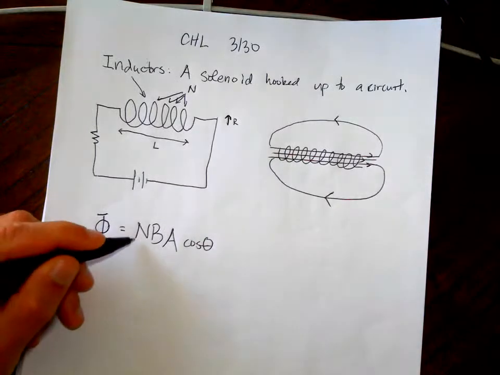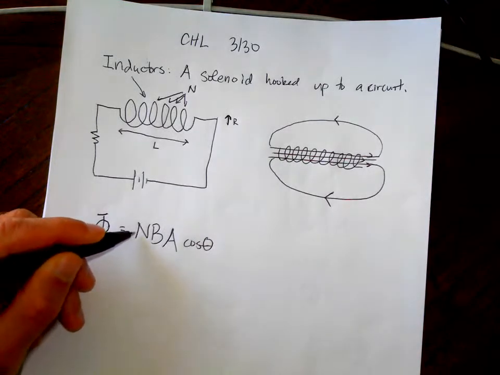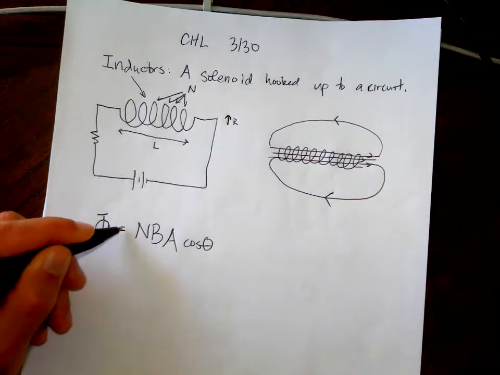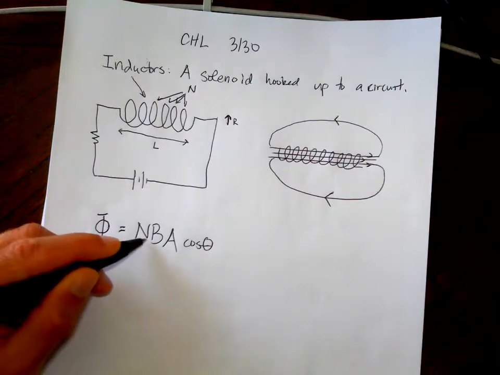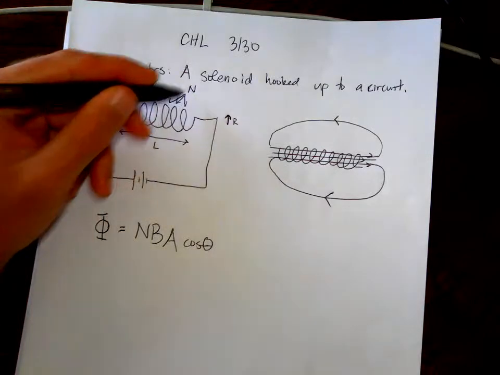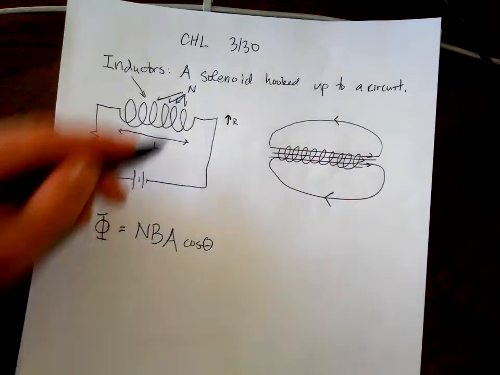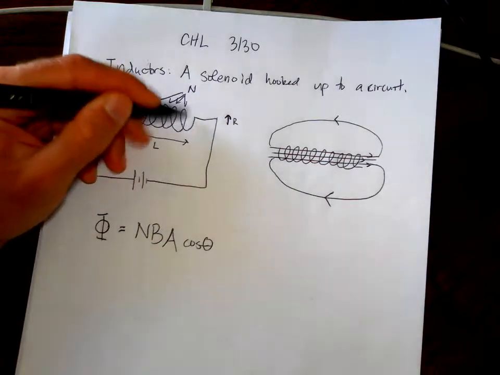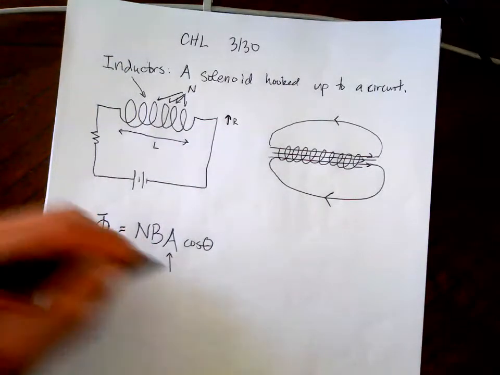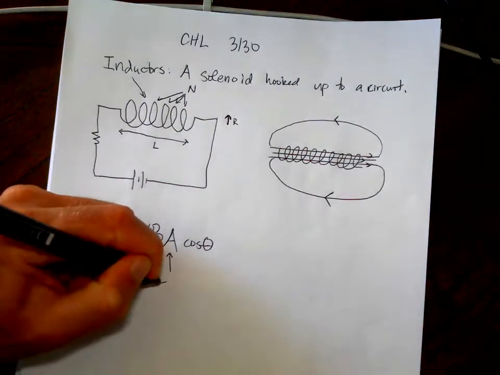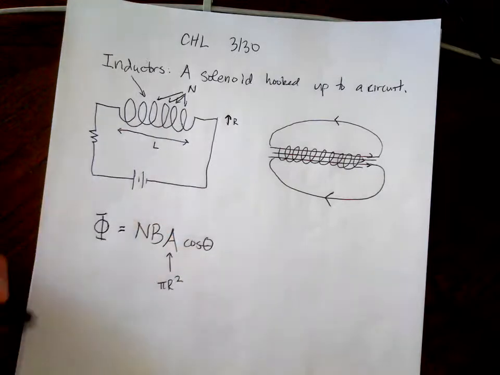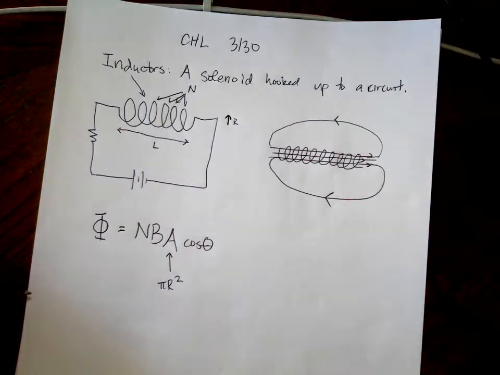N is just defined. It's a given number of turns. The area, I said it was a circular solenoid, so that area is just going to be pi r squared.